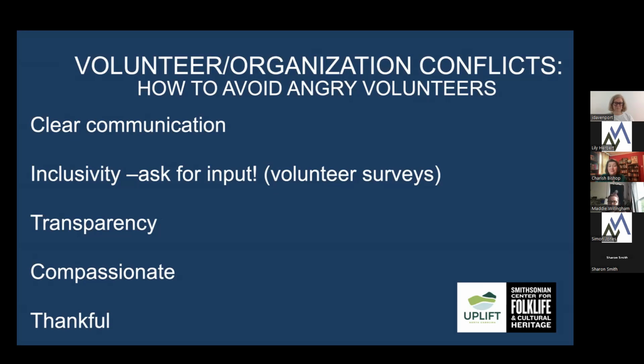Asking for inclusivity, asking for input. This year, one of our volunteer opportunities, we asked for volunteer surveys. So we literally had volunteers going out, surveying the public, but we also had our intern this year who went out and surveyed the volunteers and their experiences and how things could go forward, right? A lot of times your volunteers, they are in the trenches, right?